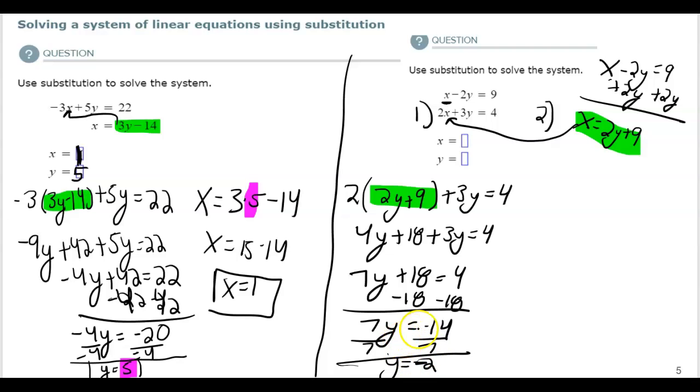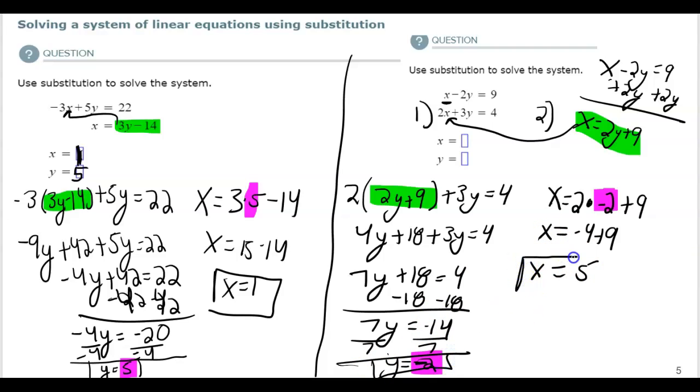Now that I know my y, I can plug it into the equation x equals 2 times my y value of -2 plus 9. So I have x is 5 and y is -2.